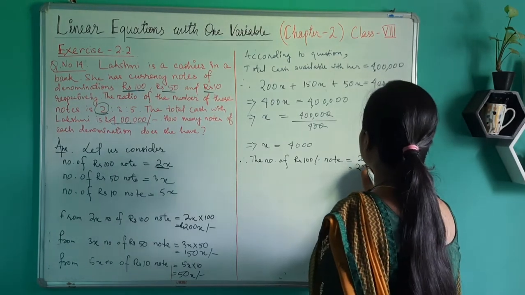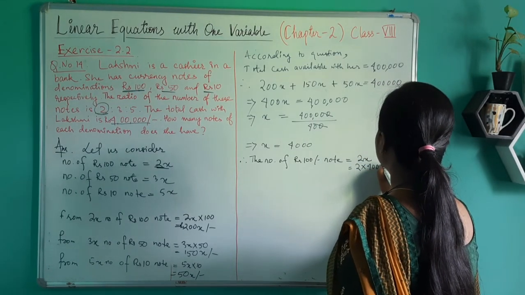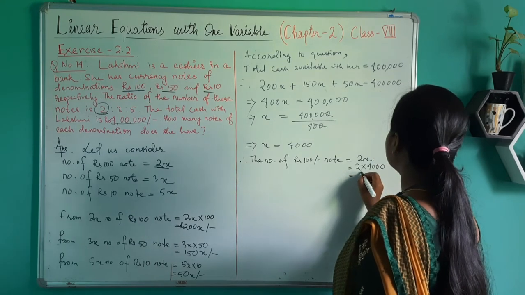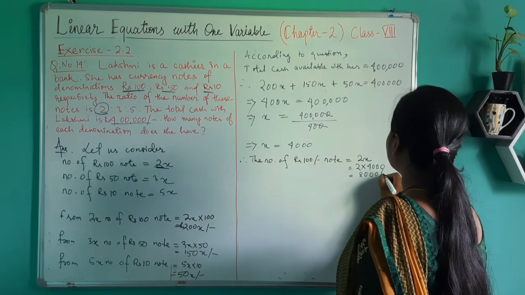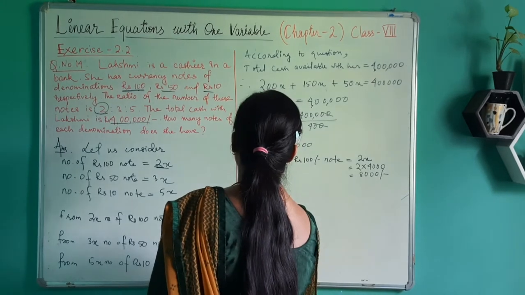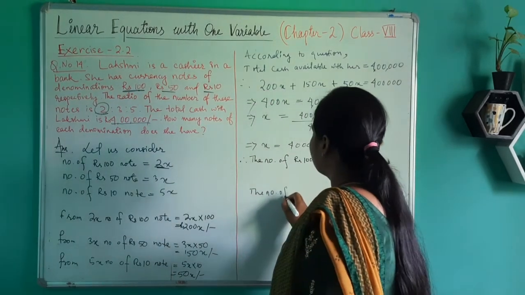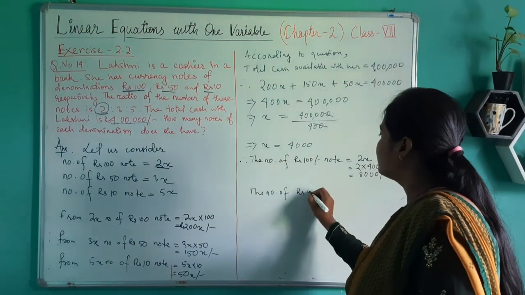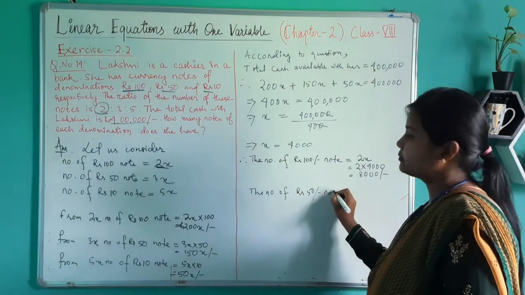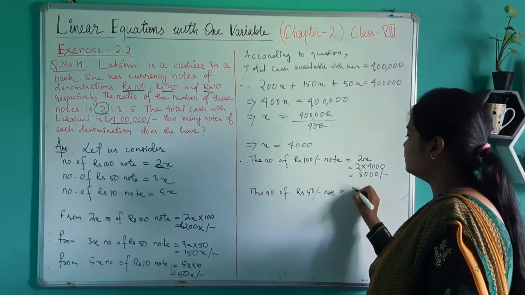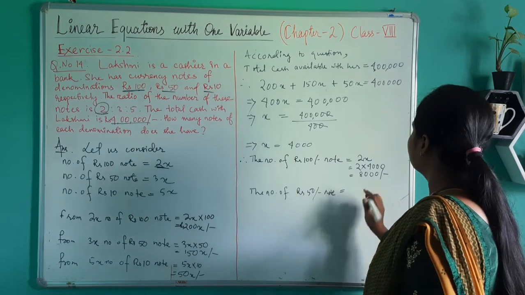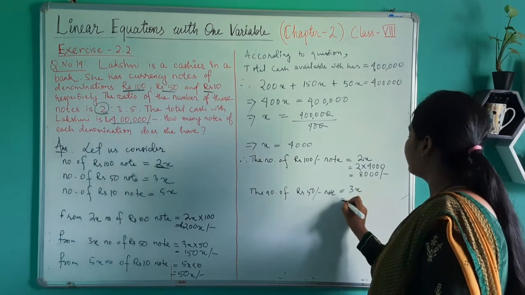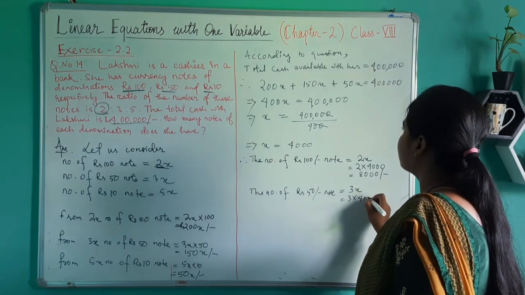So, it will be 2 into 4000, that is 8000. Similarly, the number of rupees 50 note, it will be equal to 3x, that is 3 into 4000.